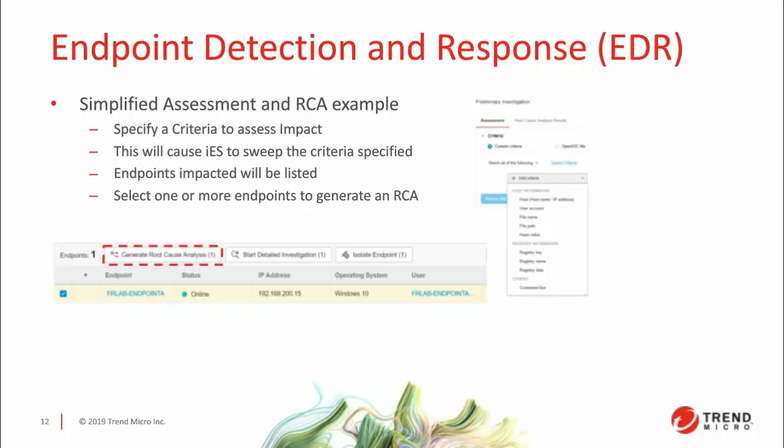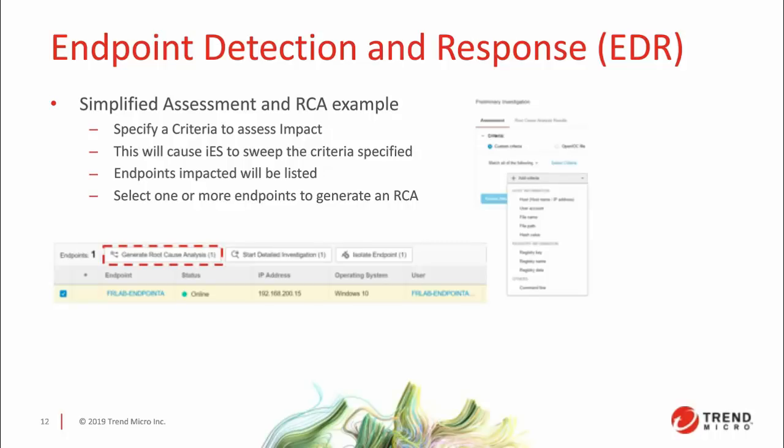EDR. All right. So I just want to give a simple example of how to do an assessment and what it looks like. Essentially, you specify a criteria to assess impact, and you could do this several different ways. In particular, we're talking about just a custom criteria, and you can see on the right, maybe, if you increase the size. It's a little blurry on my screen. But let's just say you put an IP address in there.